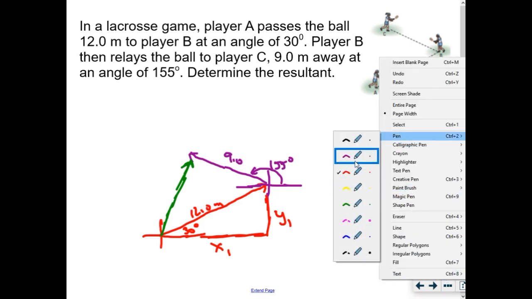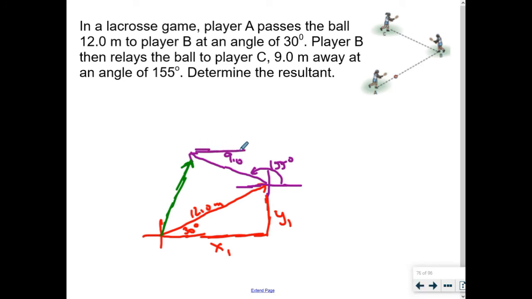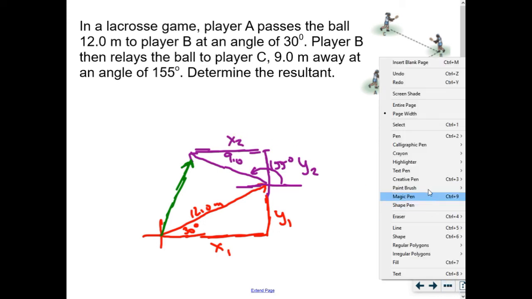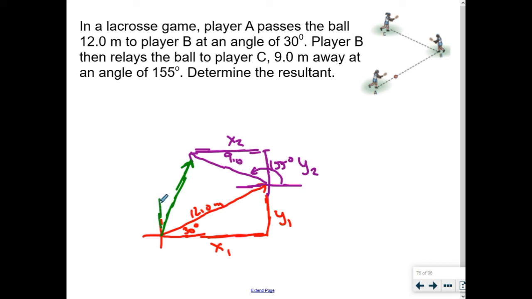Pardon me. You could then make a triangle in purple. And this is like the triangle box method. You can make a triangle in purple where this side right here would be y2, and this side here would be x2. And then finally, you can make a triangle in green. And so in green, you would have a certain amount going up and a certain amount going over. And we'd call this x3 and y3.